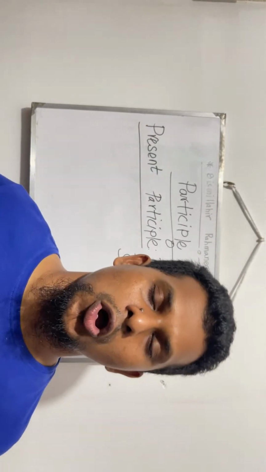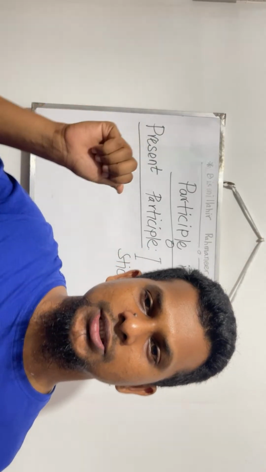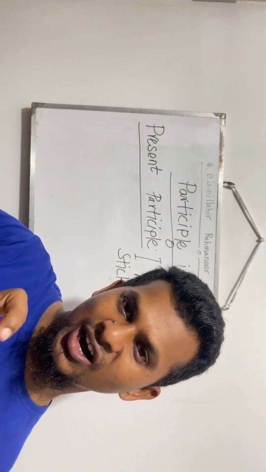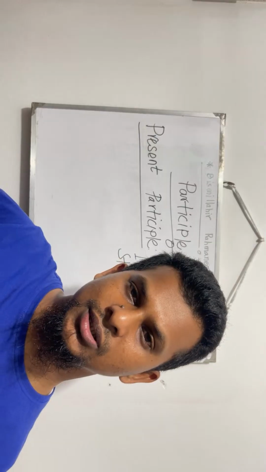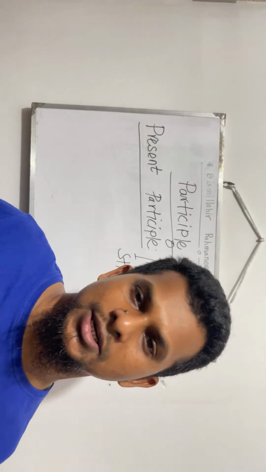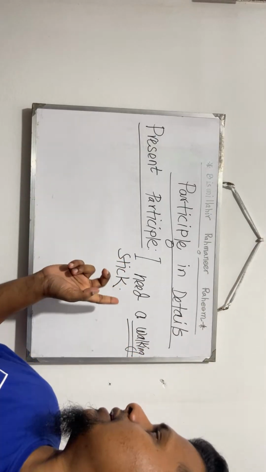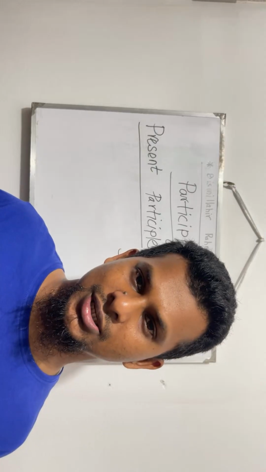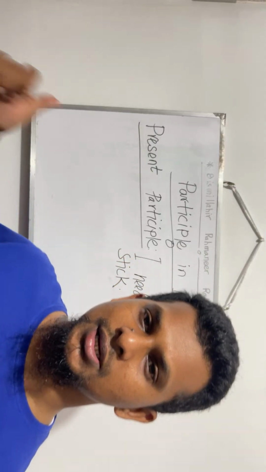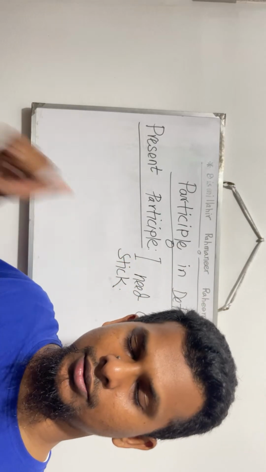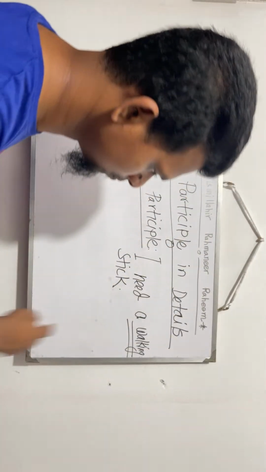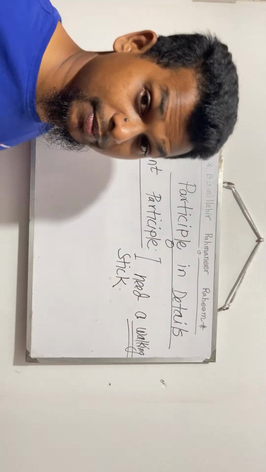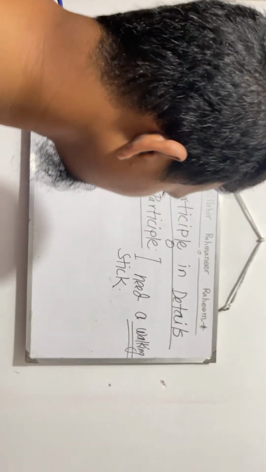Present participle always uses the basic form verb plus ing, which will act like an adjective. I need a walking stick. I need a stick by which I can walk. So the ability of the stick is expressed or meant here. So that is present participle.